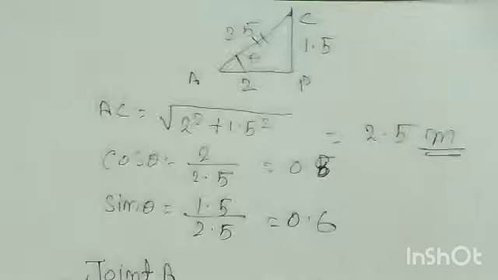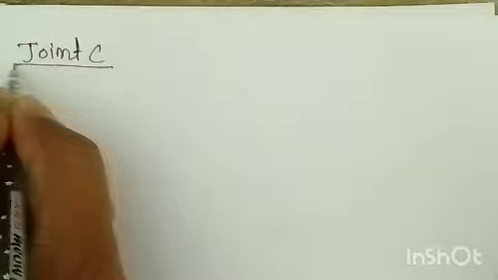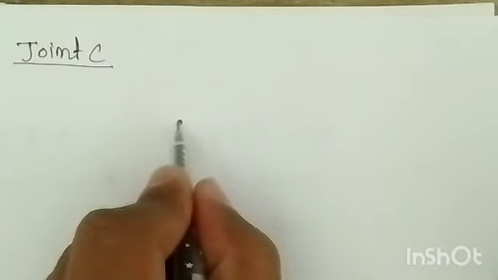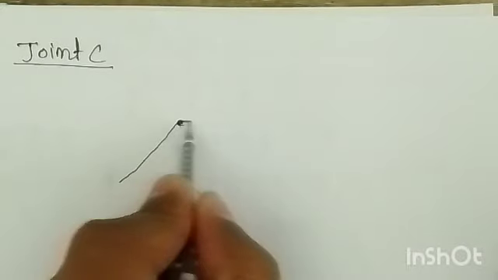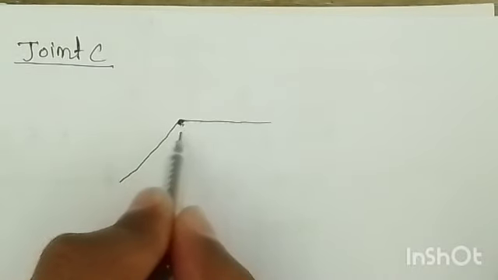So now, just wait, we have to adjust actually. So now we can say, yes, it is shaking actually, the joint C, right? Joint C. So how is the joint C connected? This is the C and this is your AC, CD and CF.